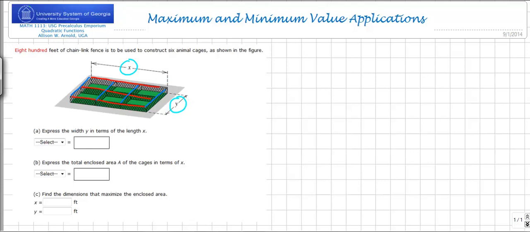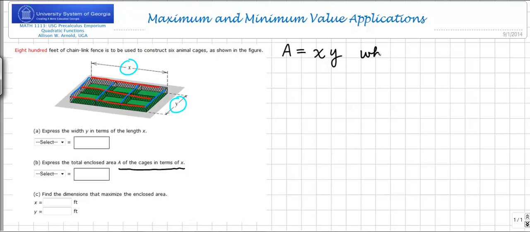One thing I noticed as I get my thinking cap on is that ultimately I want to express the area of the cages in terms of X. Area equals the product of my external dimensions. That's the simplest way to calculate the total enclosed area.